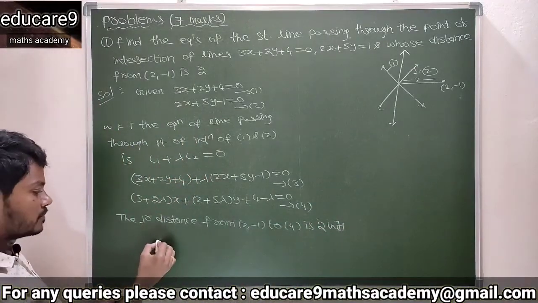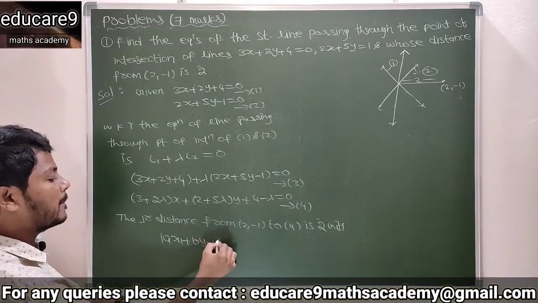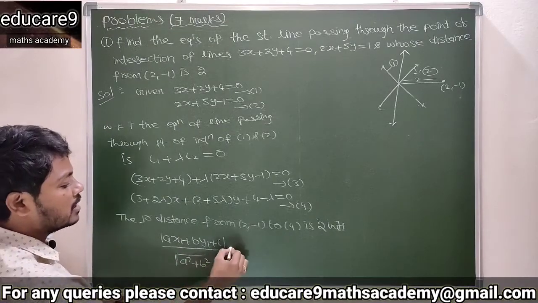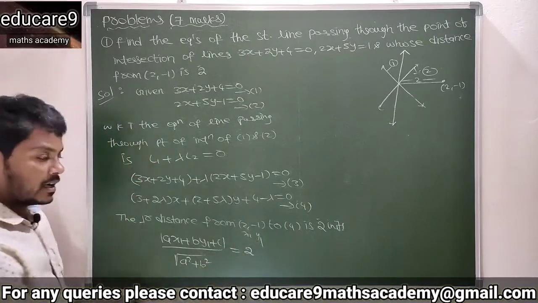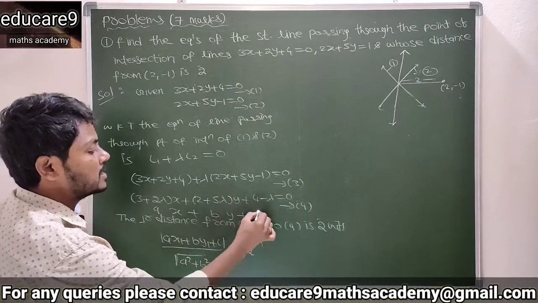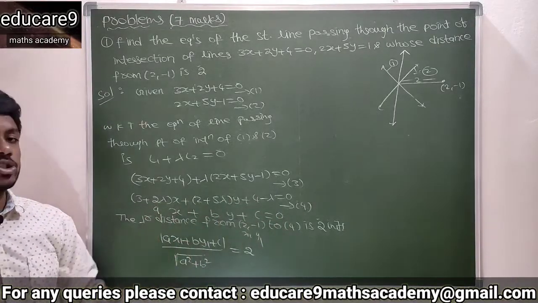So what is that formula? |ax1 + by1 + c| divided by the square root of a square plus b square. It is given as 2 units. So this is (x1, y1) and this is ax + by + c = 0.